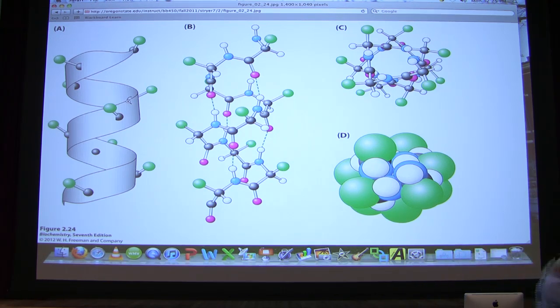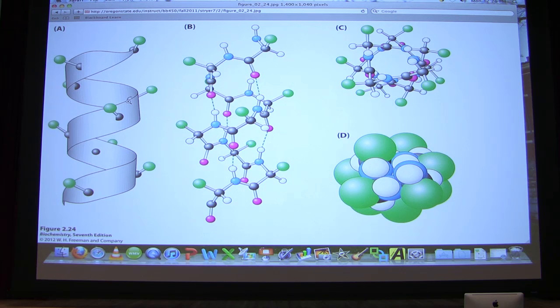Now, one of the things that we will see about alpha helices is that they are parts of the overall structure of proteins. Some proteins have almost exclusively alpha helix, and that's all they have. They just go on and on and on, kind of like the Energizer bunny. In other cases, more commonly, they will go on for a ways, and then we see another structure arise. If I have a protein that really only has alpha helix, I have something called a fibrous protein.